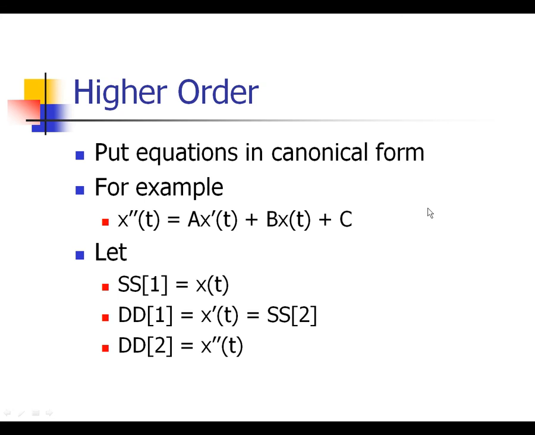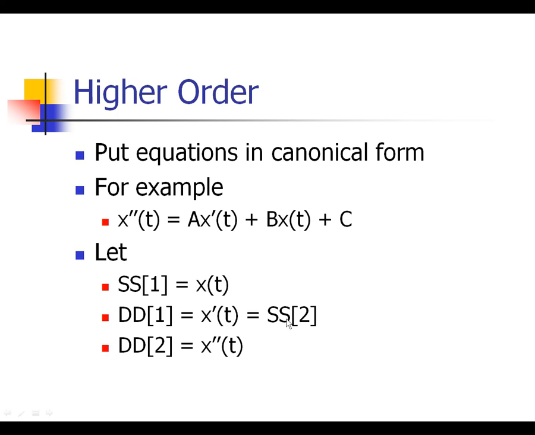We can also put equations in canonical form and express higher order derivatives. So the second derivative of x with respect to t might have this form as a function of the first derivative and the variable itself. So if we let SS1 equal the variable x of t, DD1 can be the derivative of x of t.